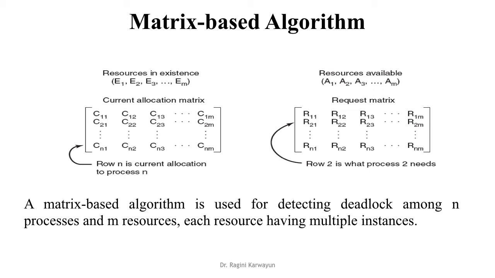Similarly, the request matrix is what that particular process is currently requesting. For example, the second row in the request matrix will give you the information for all the resources that process 2 needs further to finish its execution. Now the vector of total resources in existence is given by E1, E2, and so on, which is the total number of instances of all the resources.